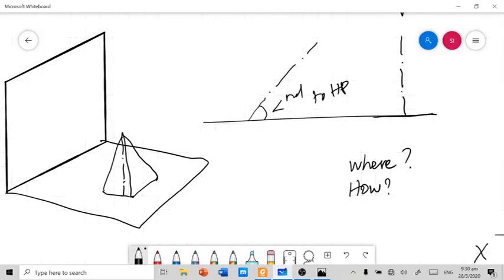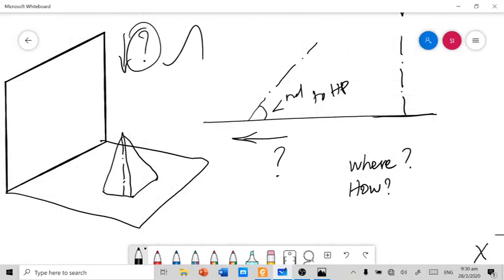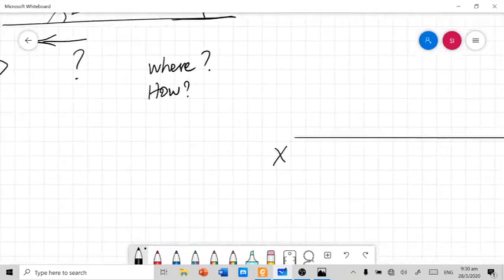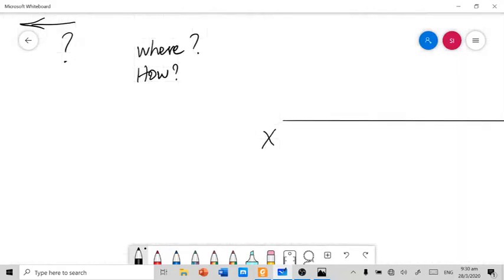In that condition, you can see the base of the solid. In the top view only we can see the square base of the solid. So in this problem you have to start with the top view. In the top view only you can start with the base.